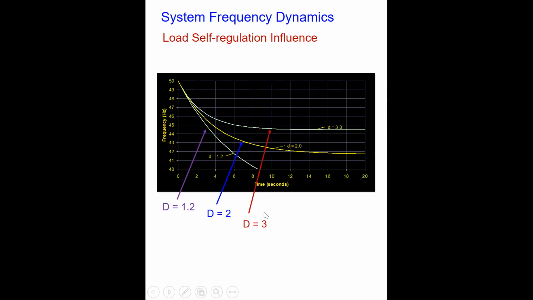So it is preferred that the power system should have a sufficient amount of dynamic load, mainly from induction motors, so that we have a good load damping constant, and thereby a slower rate of frequency decay.